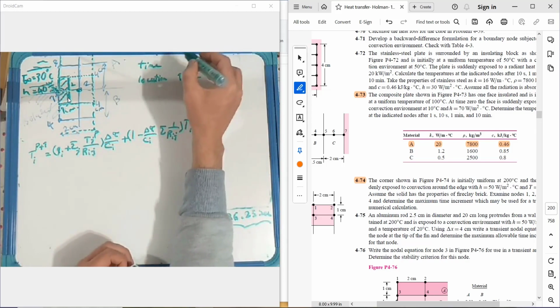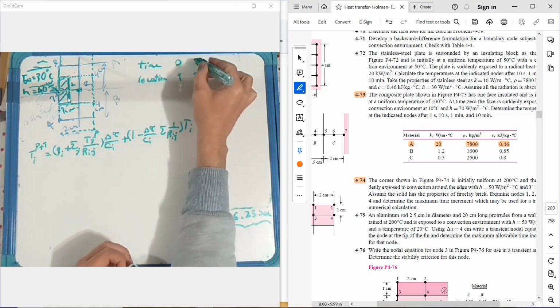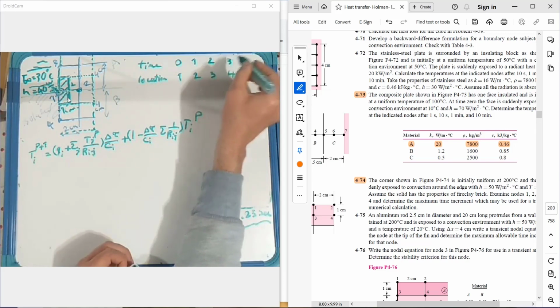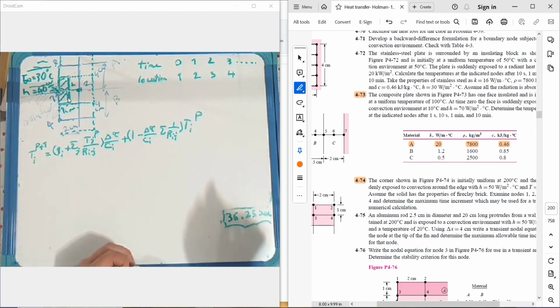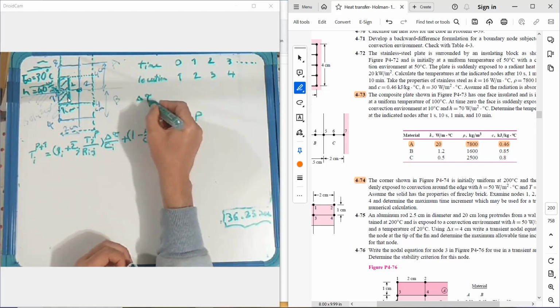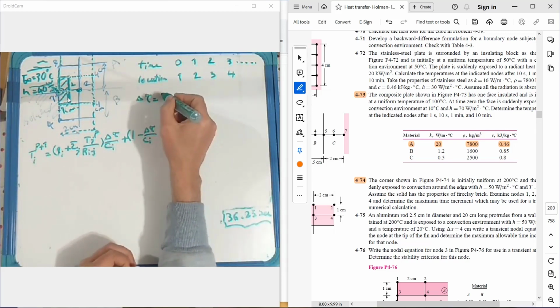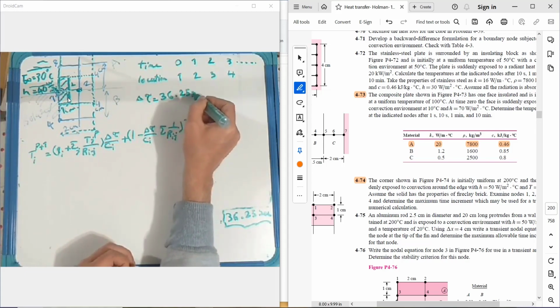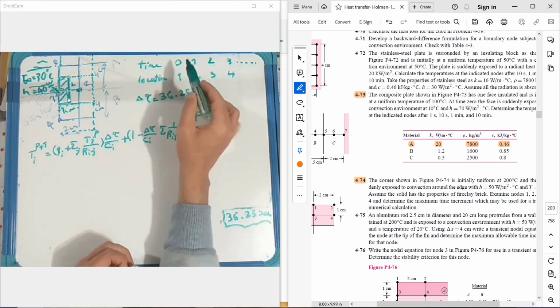And the time: 0, time 1, 2, 3, and so on. So what is this step of time? Delta t is 36.25 seconds.